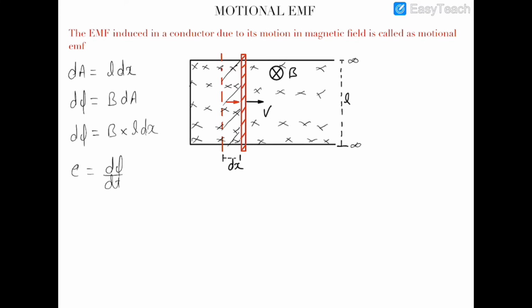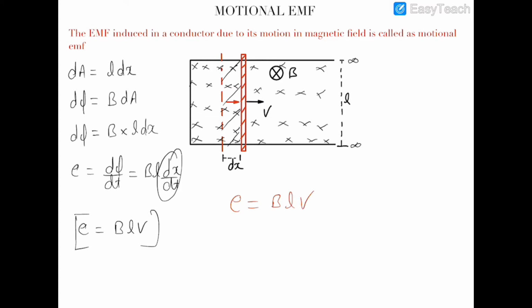Again, I am not using the negative sign because I am concerned only with the magnitude of induced EMF. So dφ by dt would be B L into dx by dt. Now this dx by dt is equal to the velocity of the rod, and therefore this is BLv. So conclusively the EMF induced is BLv, where B is the magnitude of magnetic field, L is the length of the conductor, and v is its instantaneous velocity.